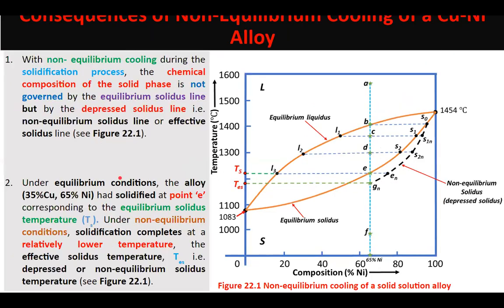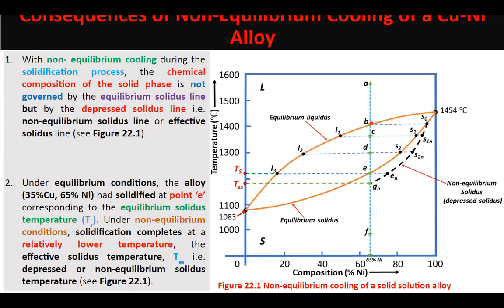So students, what are the consequences of non-equilibrium cooling? What are the conclusions? The first conclusion is that the solidification range has increased. Under equilibrium conditions, the solidification temperature range is TL to TS, but now solidification completes at a still lower temperature. So the solidification range has increased.